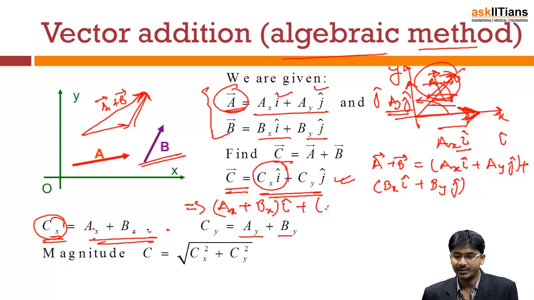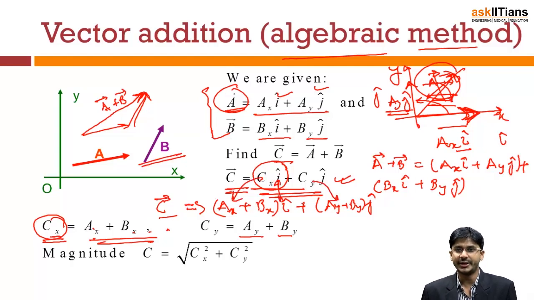If we write the i terms together, we have this i plus we have this j. Now the resultant we have written, this is vector C, we have written as Cxi and Cyj. If we equate the i, we get Cx is this, Cy is this.